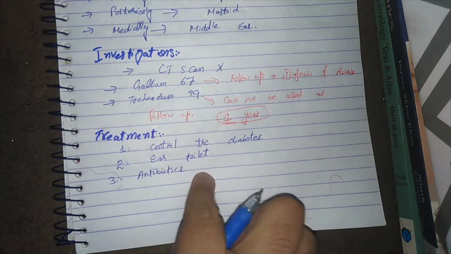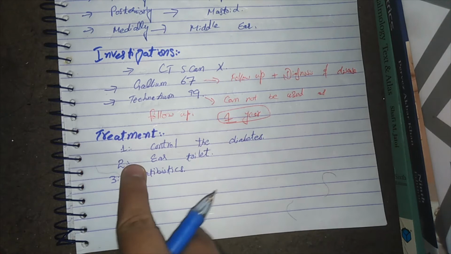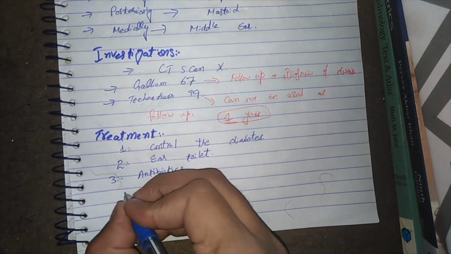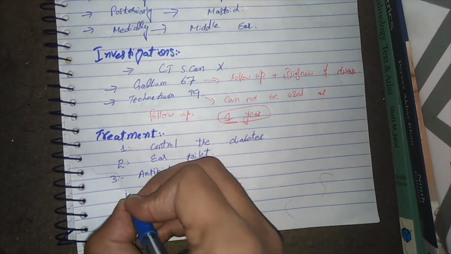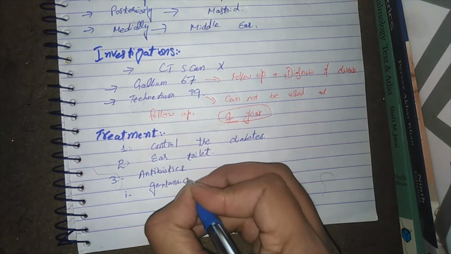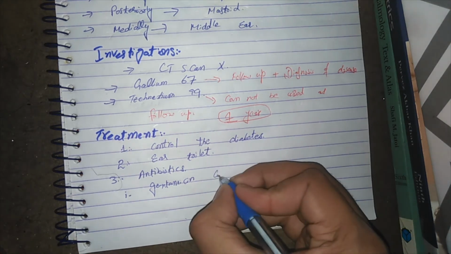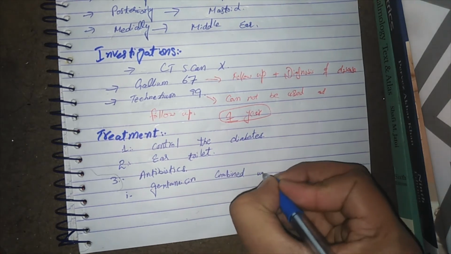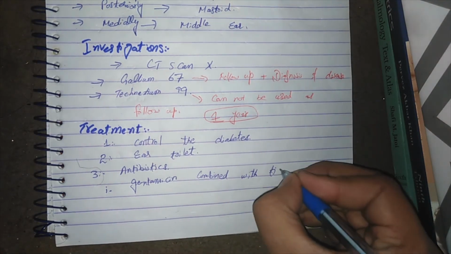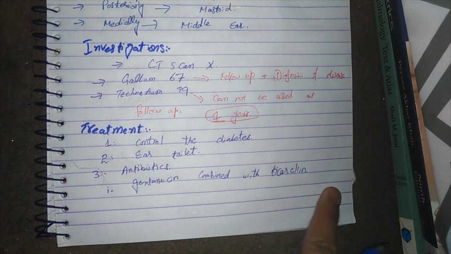Which antibiotics will we give? Those antibiotics which can kill Pseudomonas aeruginosa, because Pseudomonas aeruginosa is responsible for malignant otitis externa. So which antibiotics can we give? We can give gentamicin combined with ticarcillin.